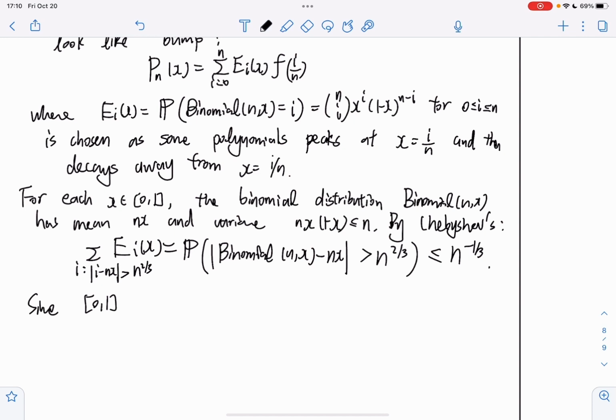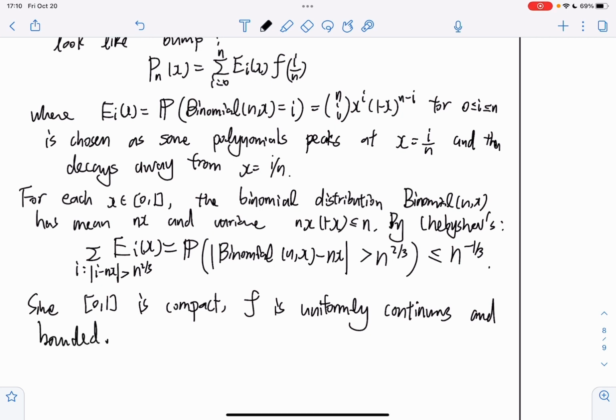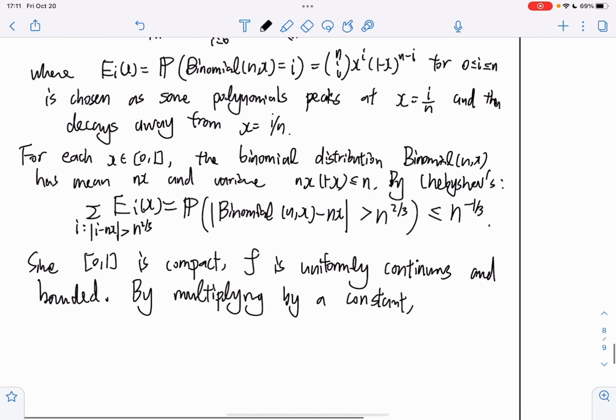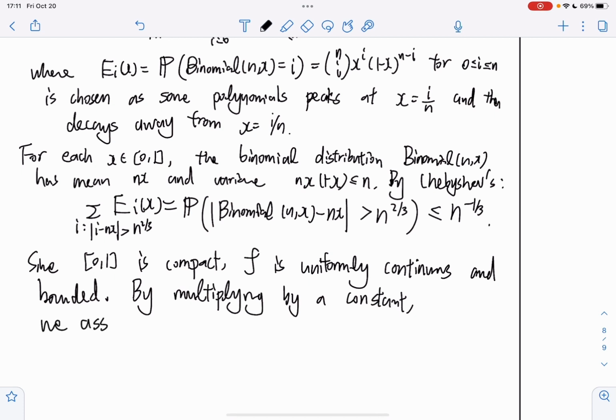Since 0 to 1, this closed set, is compact, f is uniformly continuous and bounded; by some basic analysis, multiplying by a constant, we can assume that the absolute value of f(x) is bounded by 1 for all x in the range of 0 to 1.